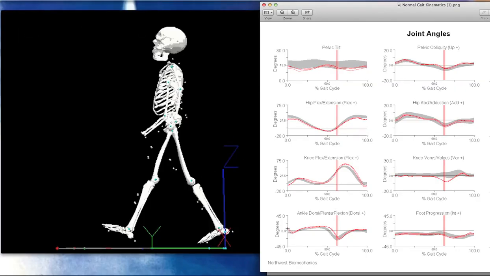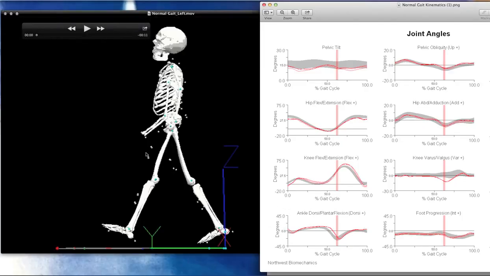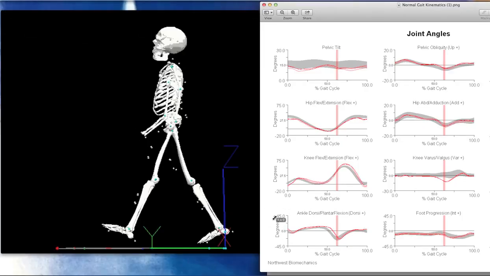So we look at the graphic. We notice here dorsiflexion is up, and plantar flexion is down or negative. So positive is dorsiflexion, plantar flexion is negative. We land with a little bit of dorsiflexion, and then rapidly we plantar flex to about 10% of the gait cycle.